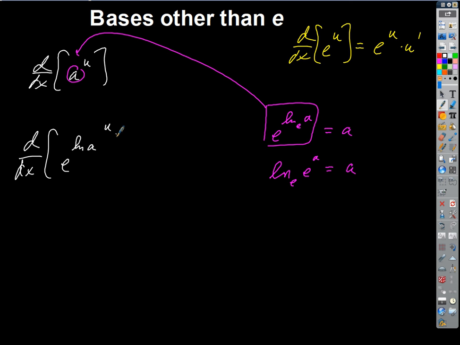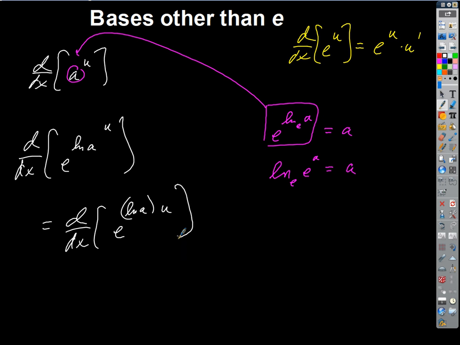to the u. But what's our property of exponents? If I take a power to a power, what do I do to the exponents? I multiply, right? So that's the same thing as saying the derivative of e to the log a, which is just a constant, times u, right?